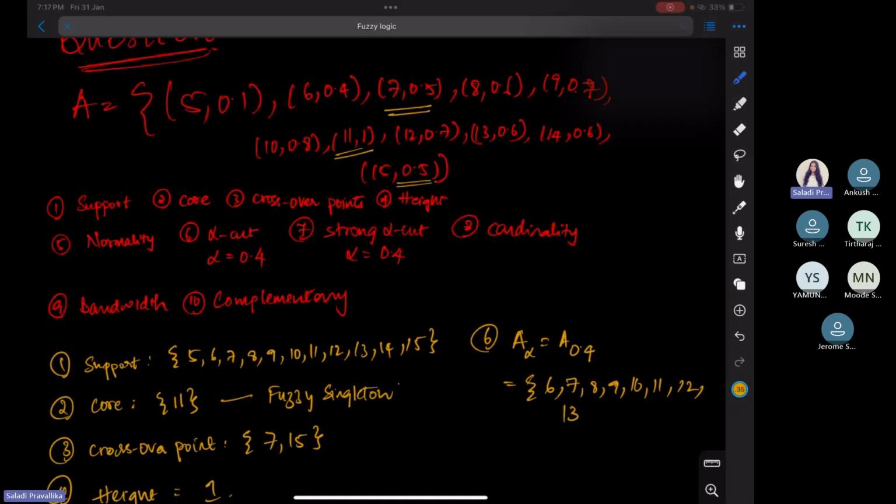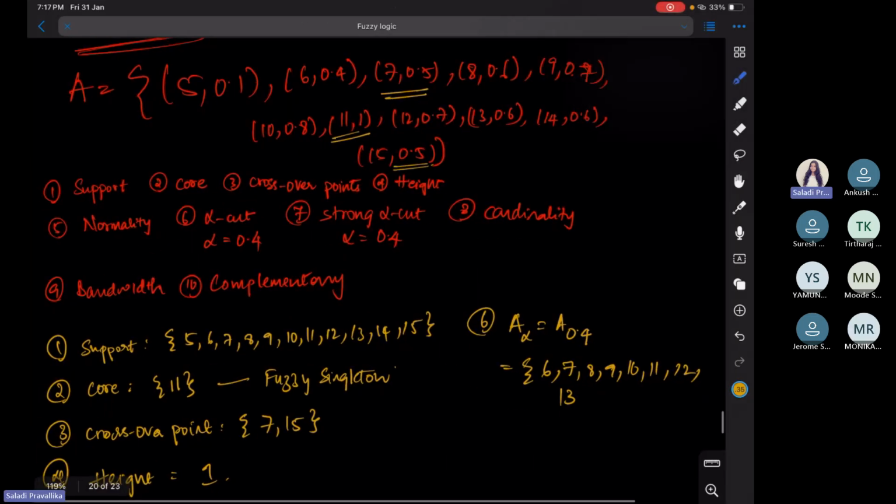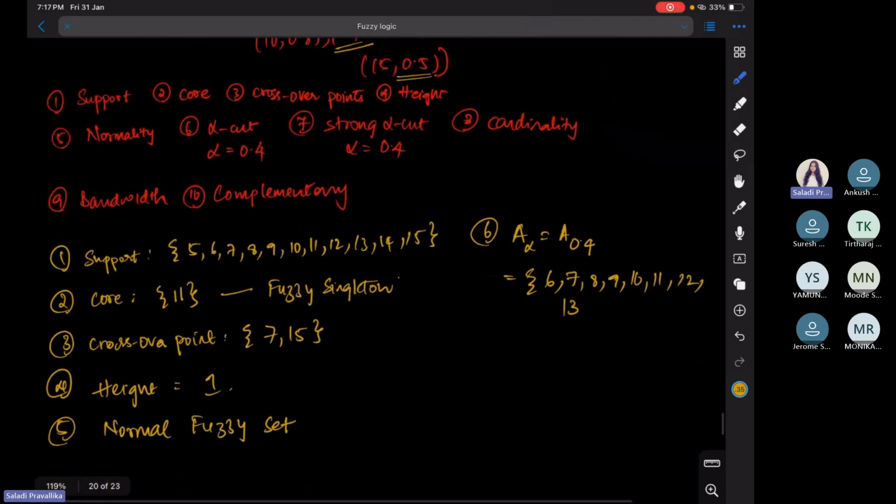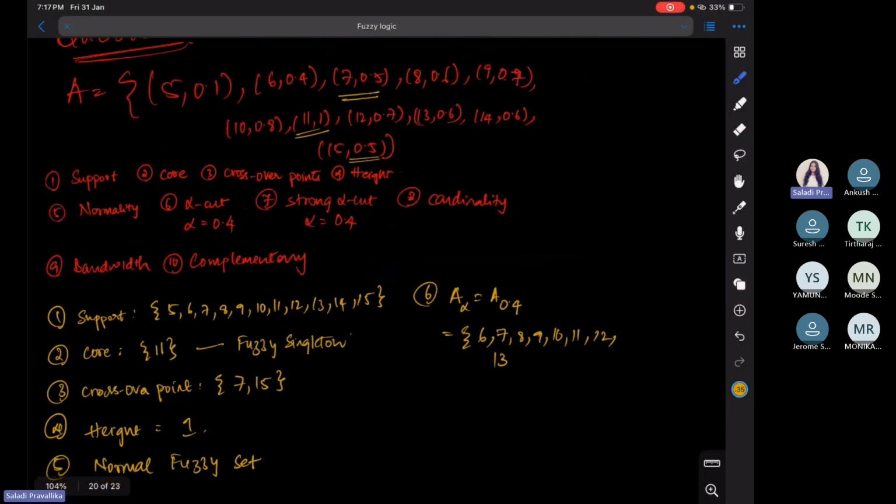Sorry, let me go through everything again. For the support, we should have the membership value greater than 0. So we need all the values in the fuzzy set A, that is 5, 6, 7, 8, 9, 10, 11, 12, 13, 14, 15. In the core, we have only one x value with a membership value equal to 1, that is 11.